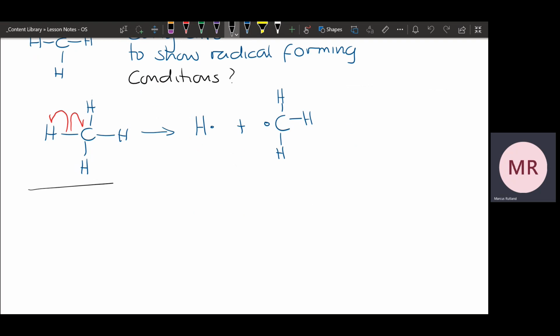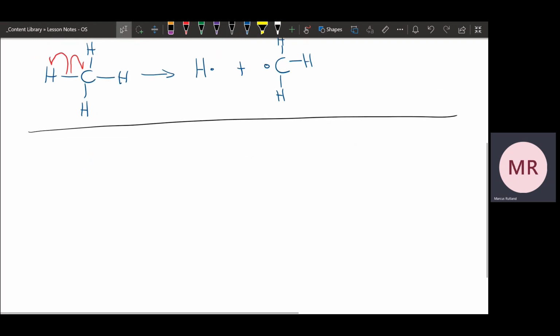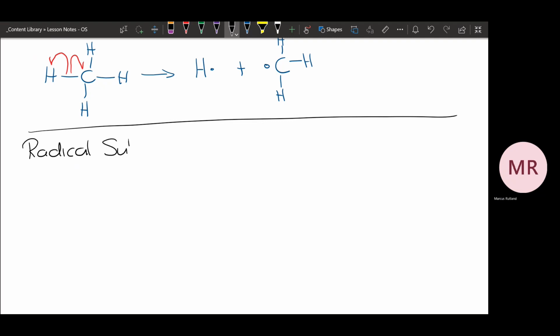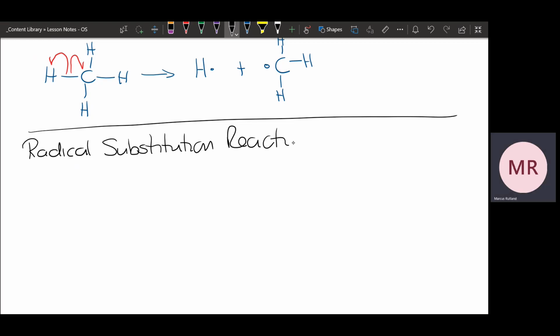Okay, the focus of this little video then is to look at a particular reaction of the alkanes. This is the radical substitution reaction of alkanes with halogens.